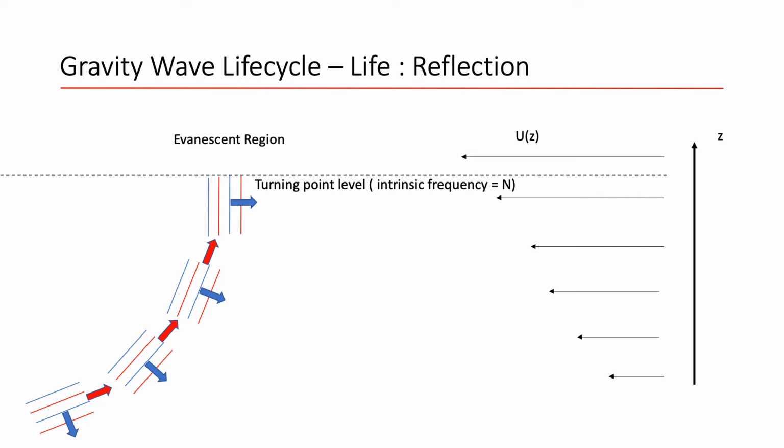The vertical phases are completely vertical and the wave will reflect. As it does so, it will then go downward and to the right and will go into a decreasing opposing mean wind and will then refract to more horizontal trajectories.